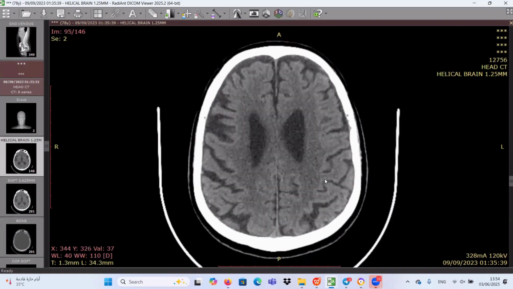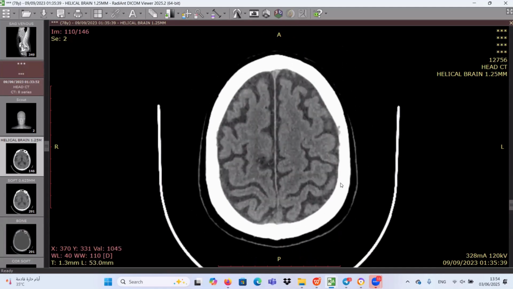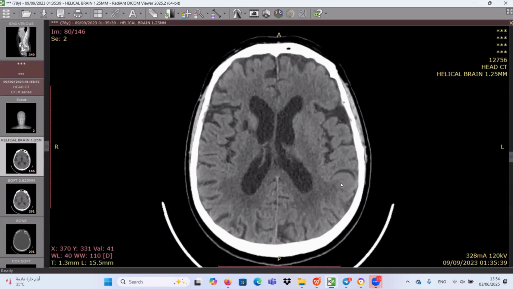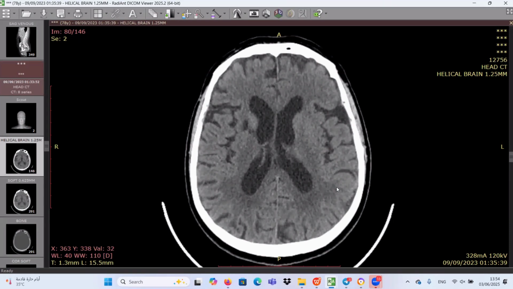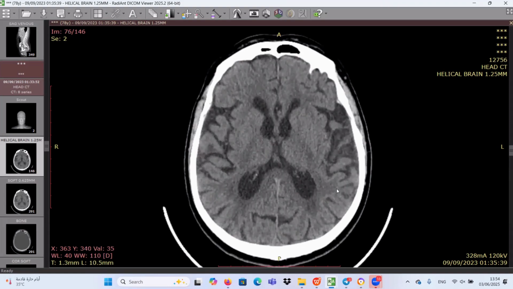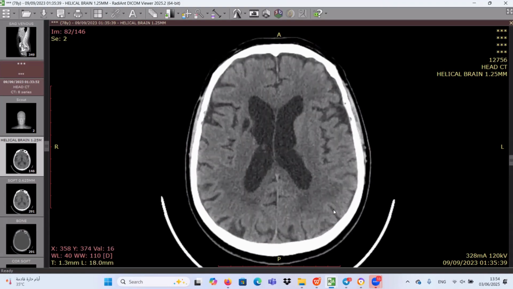I can see diffuse cerebral atrophy, and the ventricles appear dilated symmetrically, and there are areas of well-defined hypodensities at the right lentiform nucleus, in keeping with old infarct.